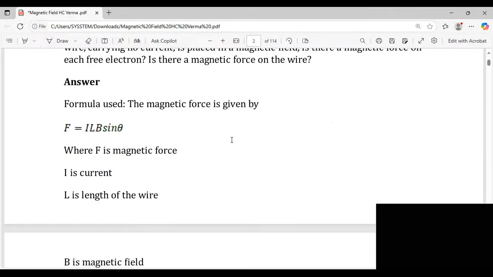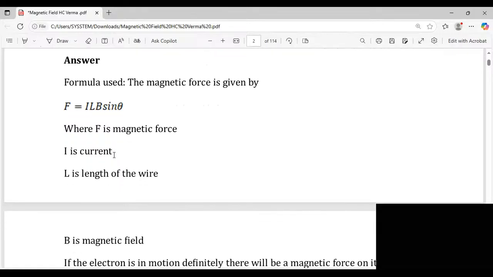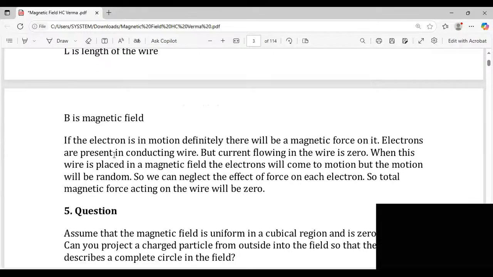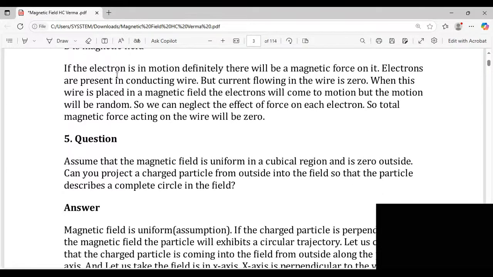Let's see the answer. Formula used: the magnetic force is given by F = ILB sin theta. Here I is the current, L is the length of the wire, and B is the magnetic field. If the electron is in motion, definitely there will be a magnetic force on it.